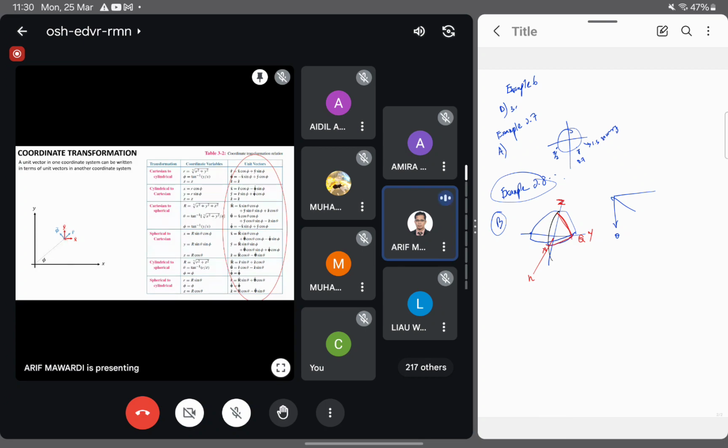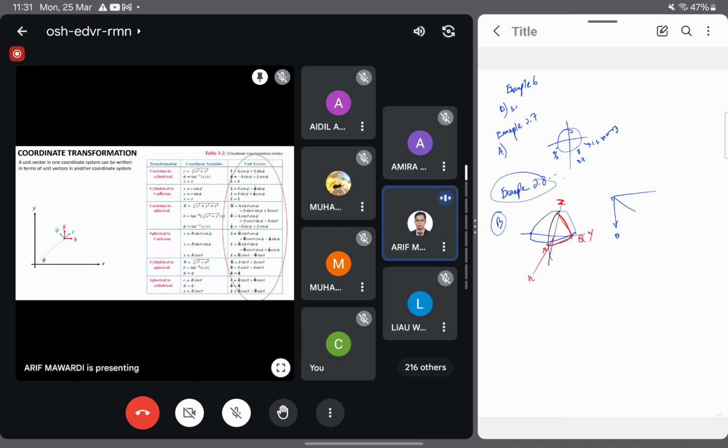You can see here, r, the unit vector in the cylindrical coordinate system, has a component in the Cartesian coordinate system along x and along y. So therefore, you can actually express a unit vector in one coordinate system in terms of unit vectors in another coordinate system.